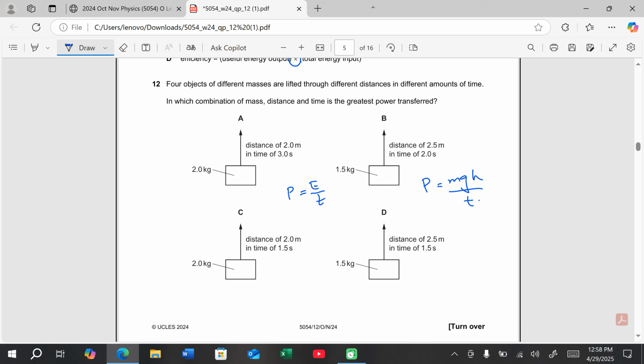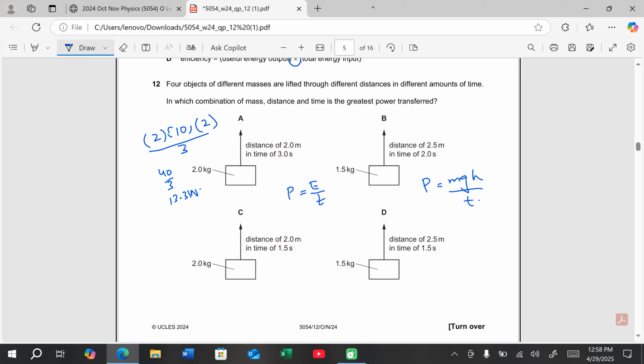If I'm going to apply it here, it is mass times, let's take g as 10, height is 2, divided by 3. So if I apply this, it is 4 times 40 over 3, that's 13.3 watts.